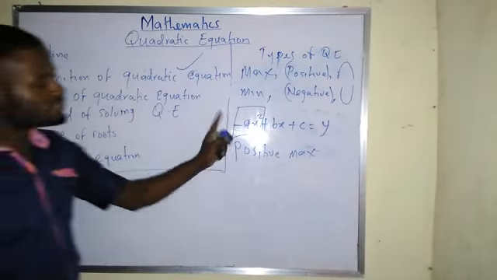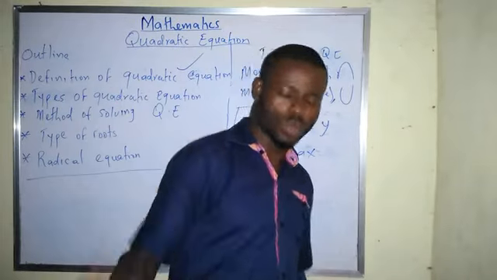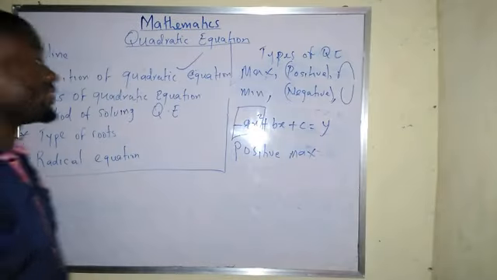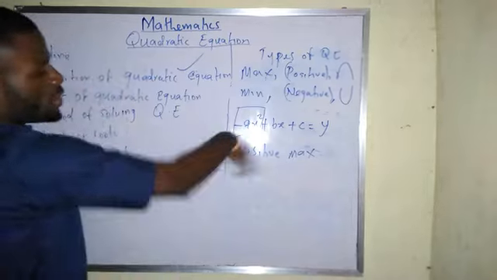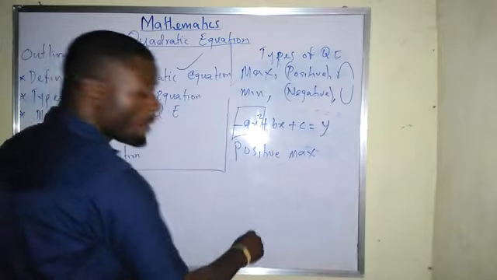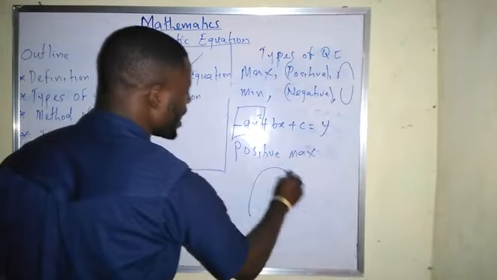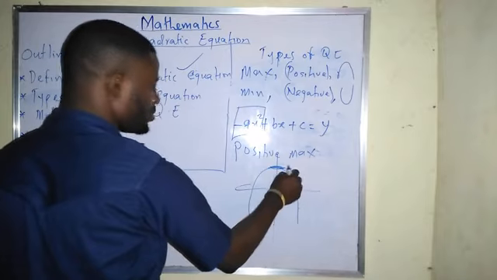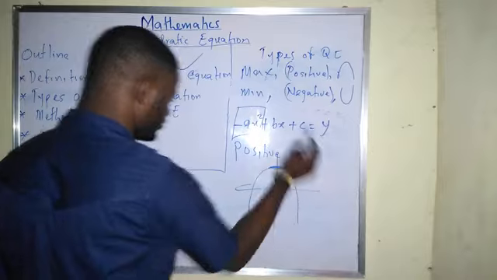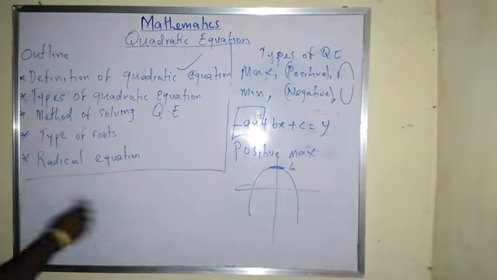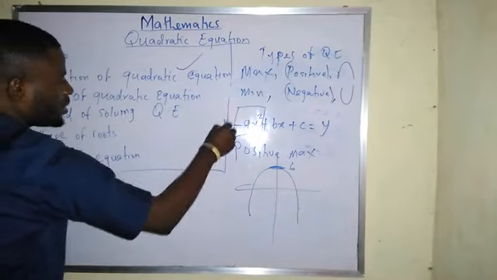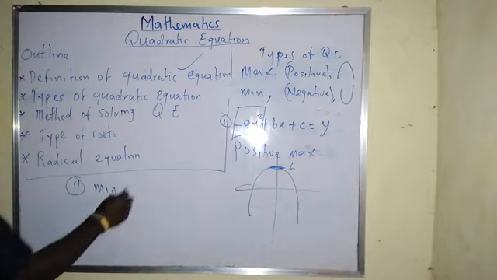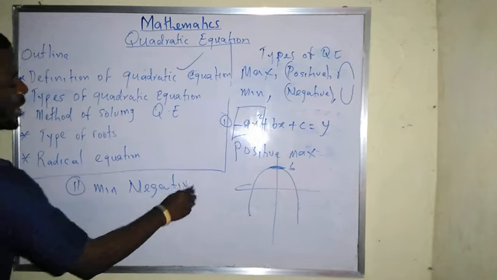Once there is minus on the coefficient of x squared, it refers to a maximum graph. When you plot a graph, your turning point will be positive. The second one, which is the minimum, is the negative one. It's very, very common.